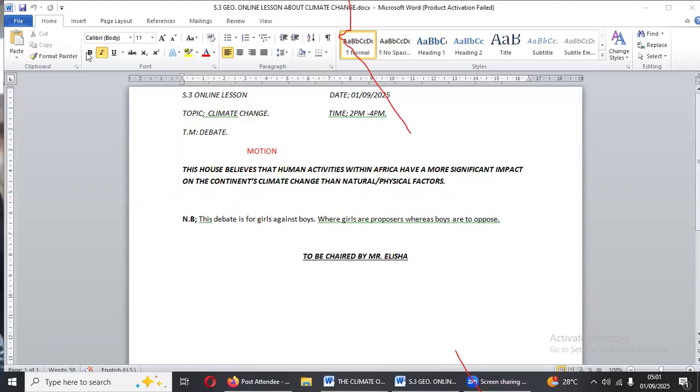I rise today to oppose the motion that says this House believes that human activities within Africa have a more significant impact on the continent's climate change than natural physical factors, of which I'm here to oppose the motion by saying that it is not relevant or applicable to say that natural or physical factors have not led to the significant impact on the continent's climate change. No, it is a lie.